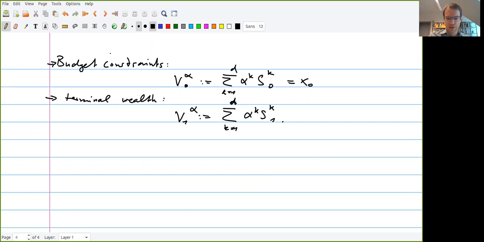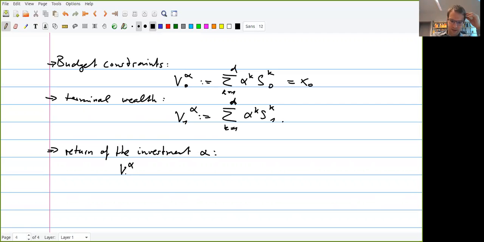So what is now the return of the investment alpha? We have invested it into the market, so in the de-risky assets. So the return is defined as usual.